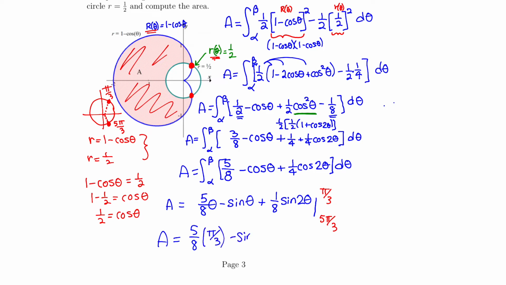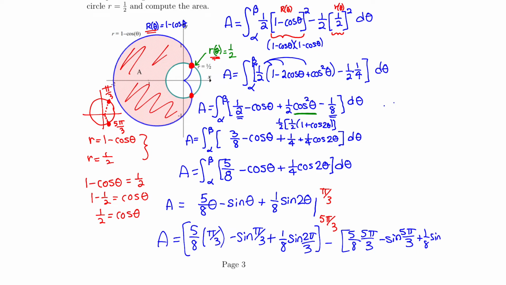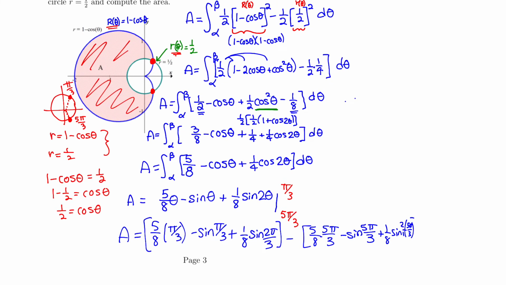You would plug pi over 3 in everywhere, come up with a value, and then you would plug 5 pi over 3 in everywhere and come up with a value. And I'm running out of space.